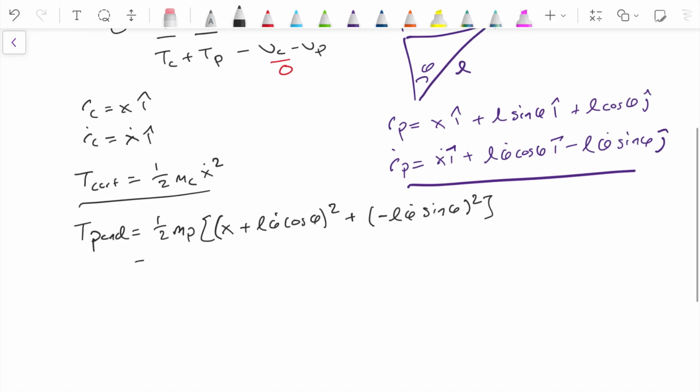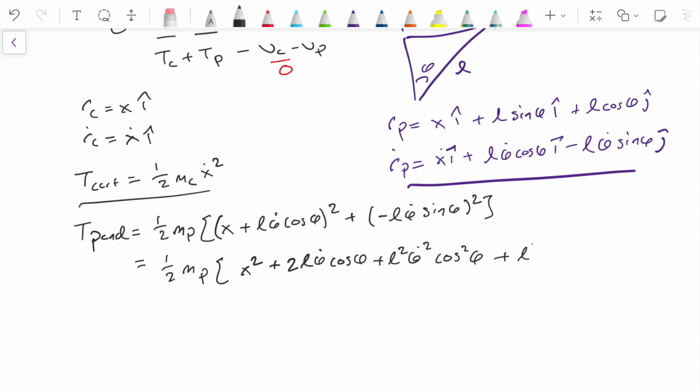And then we can simplify this down a little bit more. So we're going to have x dot squared, and then we have a 2L theta dot cosine theta, and then we have L squared theta dot squared cosine squared theta, and this is L squared theta dot squared sine squared theta. You should already notice a trig identity with these two that could be reduced.